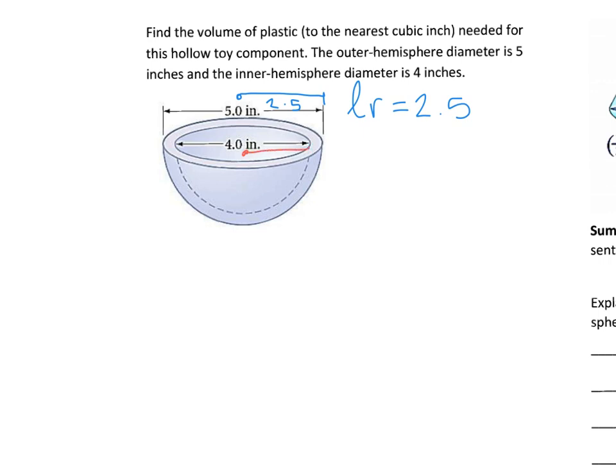That would be half of 4, so we'd have 2. So the small radius is 2. And then we're going to need the volume of a hemisphere formula. So the volume equals 2/3 times pi times the radius cubed.